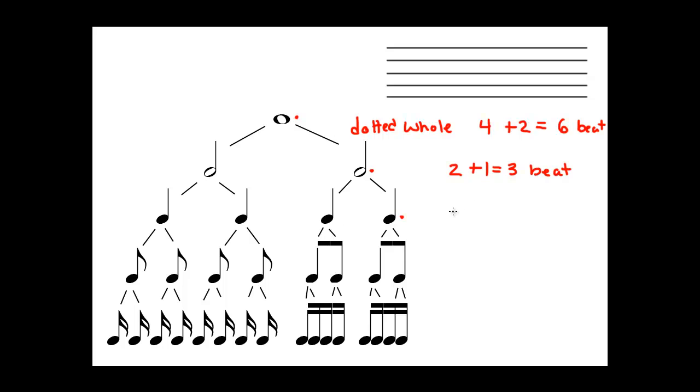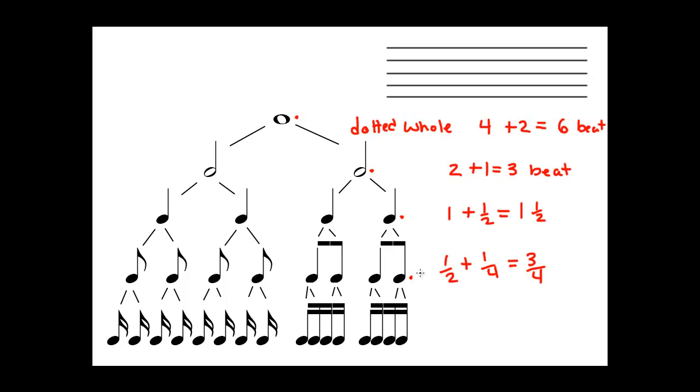A quarter note would be 1 plus a half, so that's 1.5 beats. An eighth note would be a half plus a quarter, which is going to equal 3/4 of a beat. Okay, and that's as far as we'll really need to go for now.